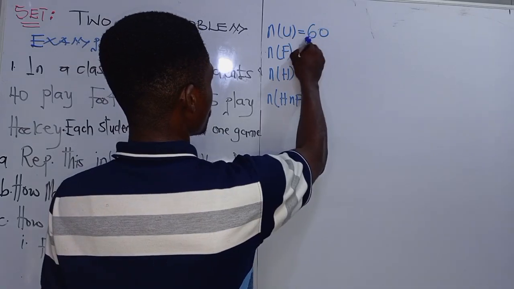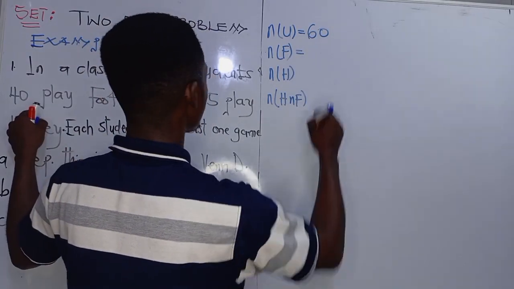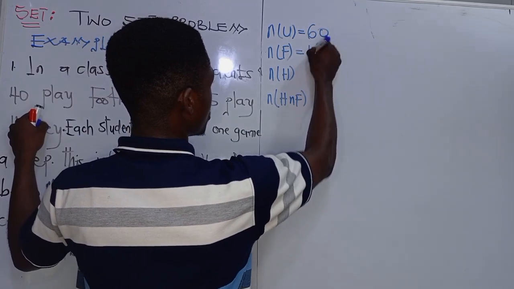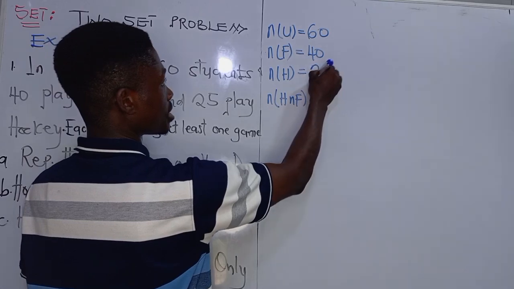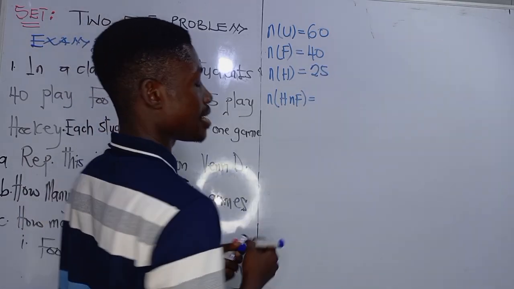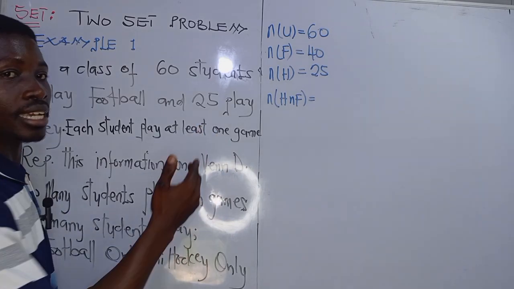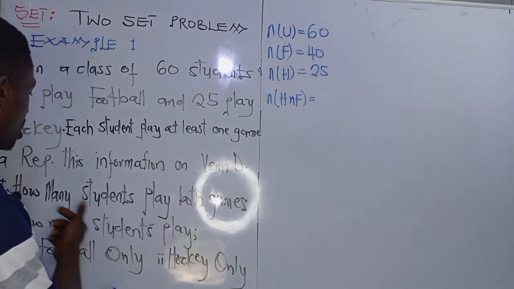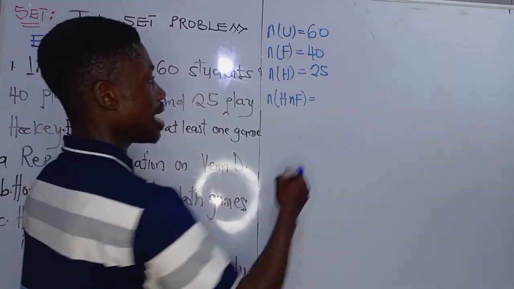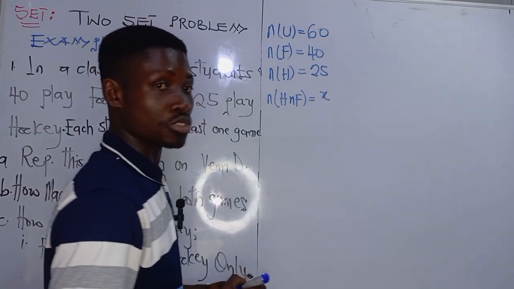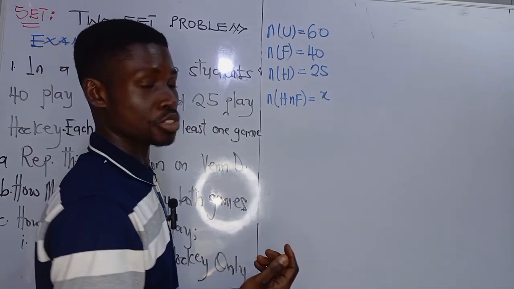Good. So number of students who play football, we have 40. Number of students who play hockey, we have 25. And the number of students who play both games, that is H intersection F, we don't know. That is what we have to find. So let X represent the number of students who play both games. You can represent this with any variable at all, okay?